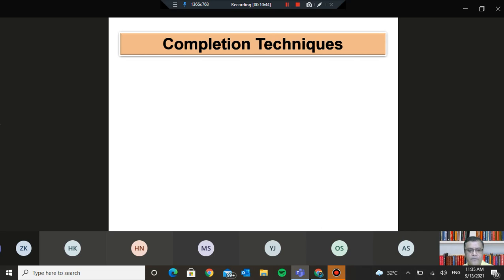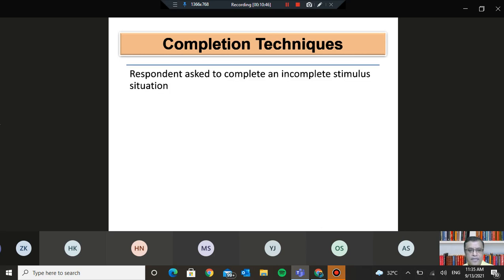Then we have completion techniques, which as researchers we employ. What we do here is that we ask the subjects or the respondents to complete some incomplete stimulus situation. I'm repeating, we expect the respondents to complete an incomplete stimulus situation. For example, we may ask the subjects to complete a sentence.